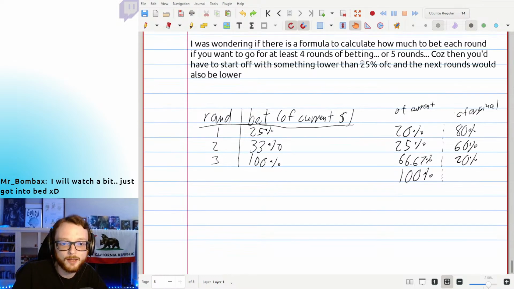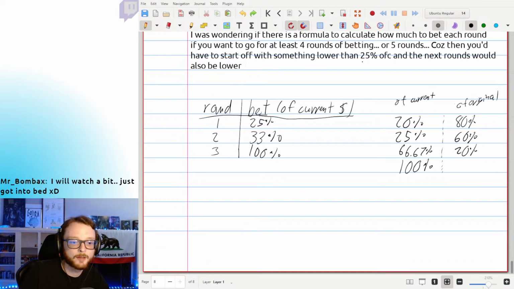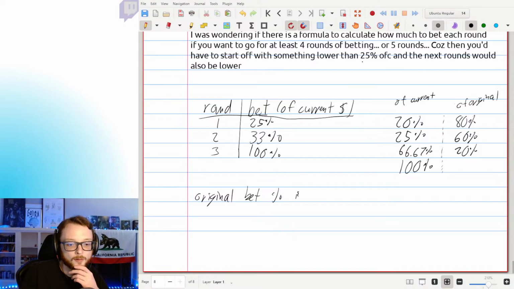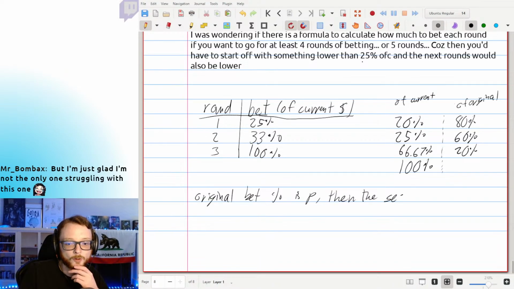But yeah, I guess there should be a way of thinking, if our original bet percent is P, then the sequence of bets, we should be able to work this out.